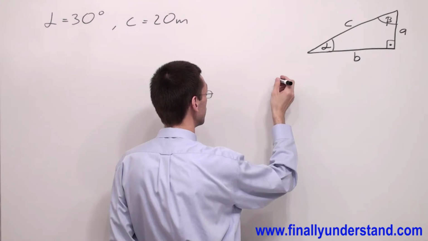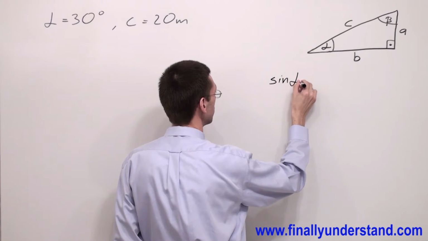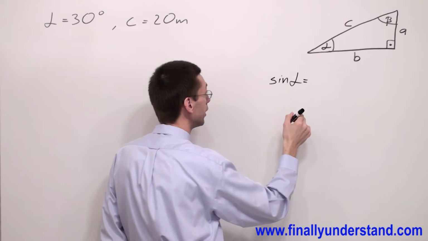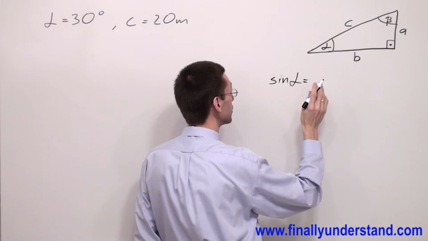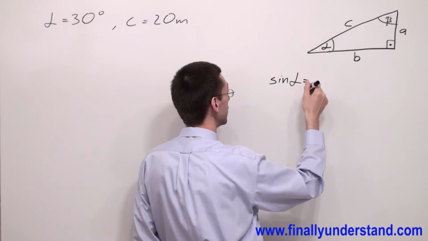You're supposed to remember that sine of angle alpha is equal to the opposite side over the length of the hypotenuse.